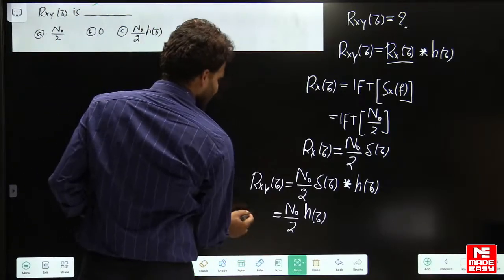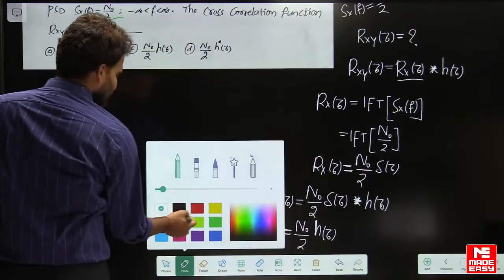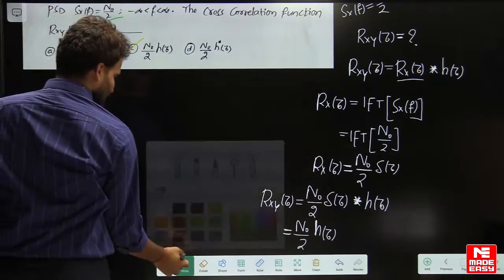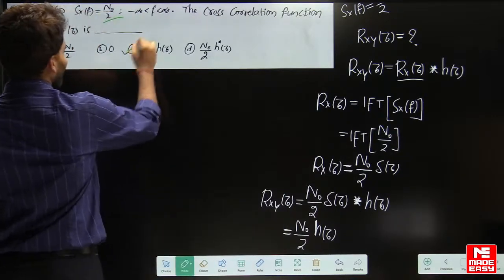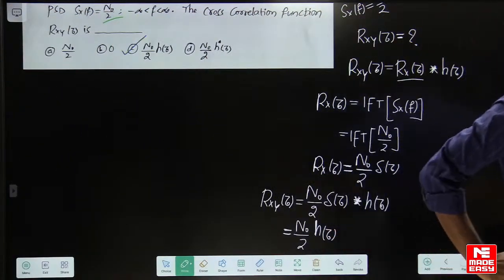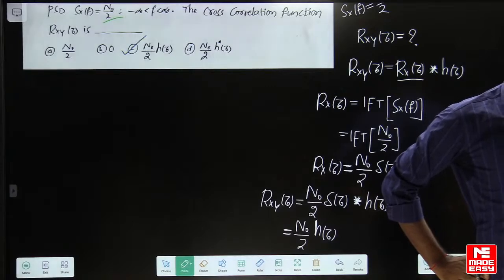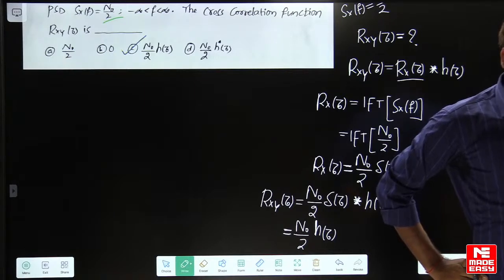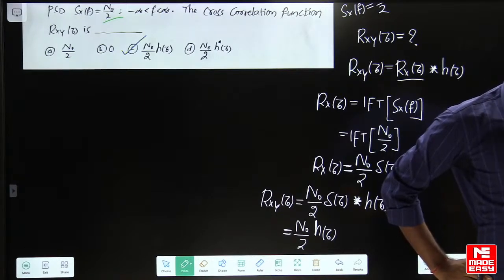So which option is correct here? n0 by 2 H tau. So option C will be correct, yes. Abid Bashir, yes, C will be correct.